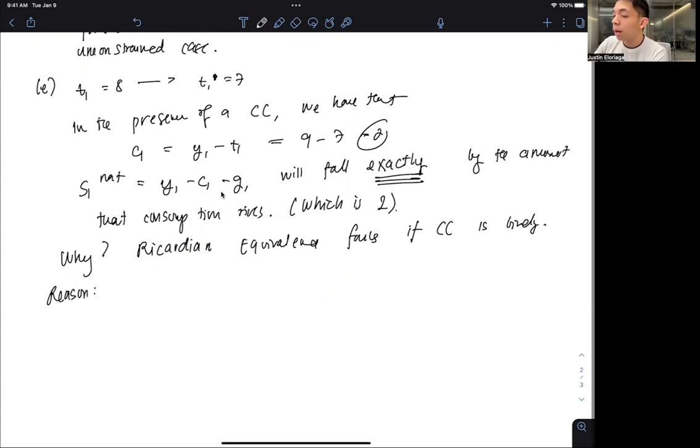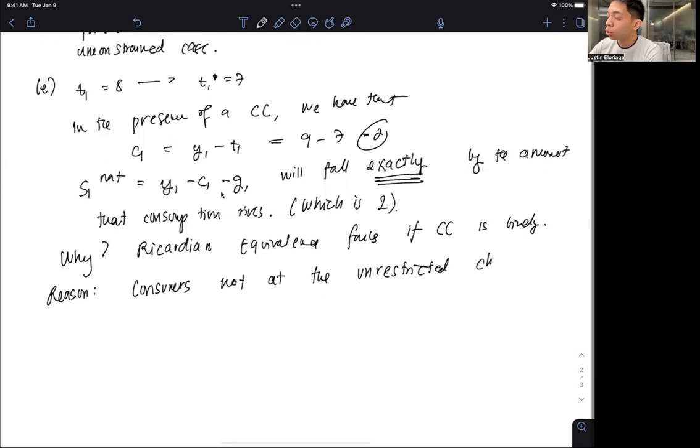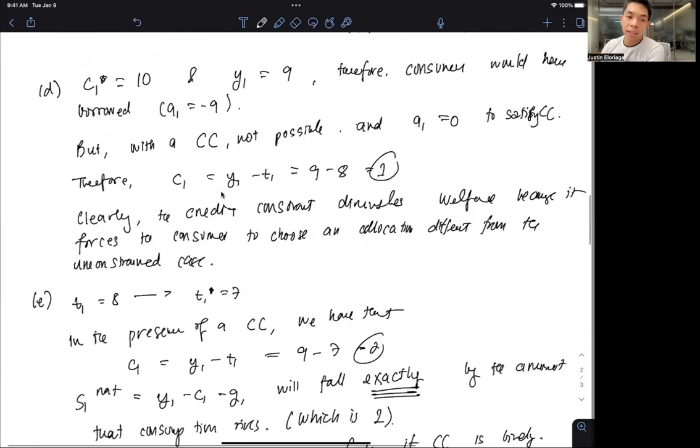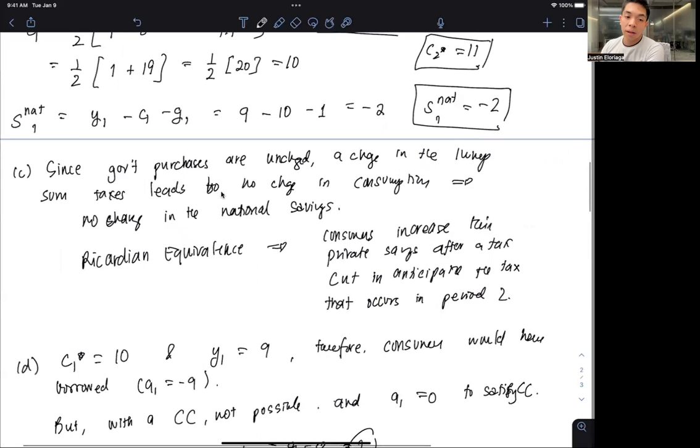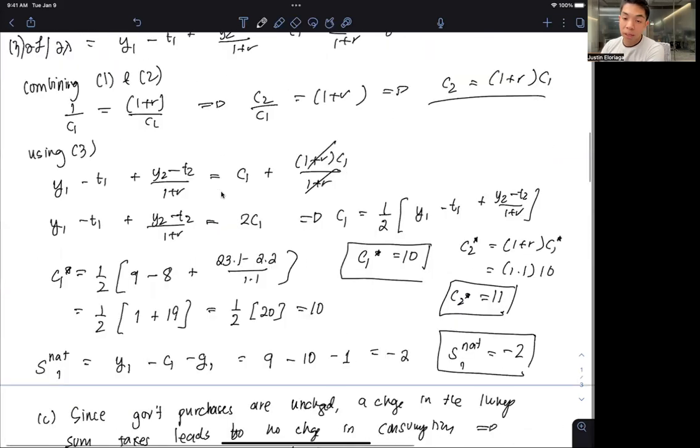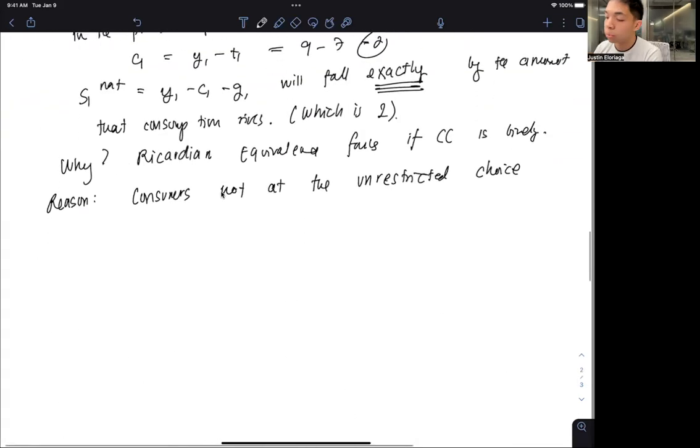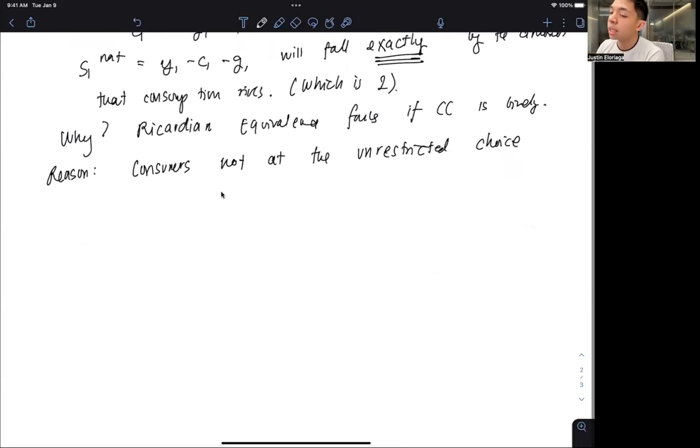Well, consumers are not at the unrestricted choice. We're not in the case of B. So we're on this suboptimal route to begin with.